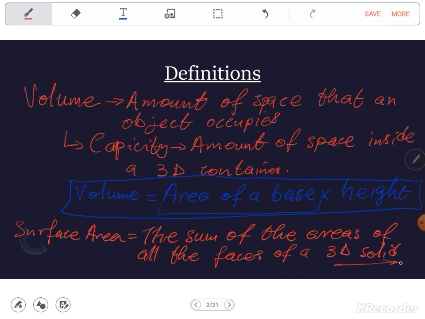Okay, so that is what surface area is. So surface area and volume are what we use to calculate in the 3D shapes.